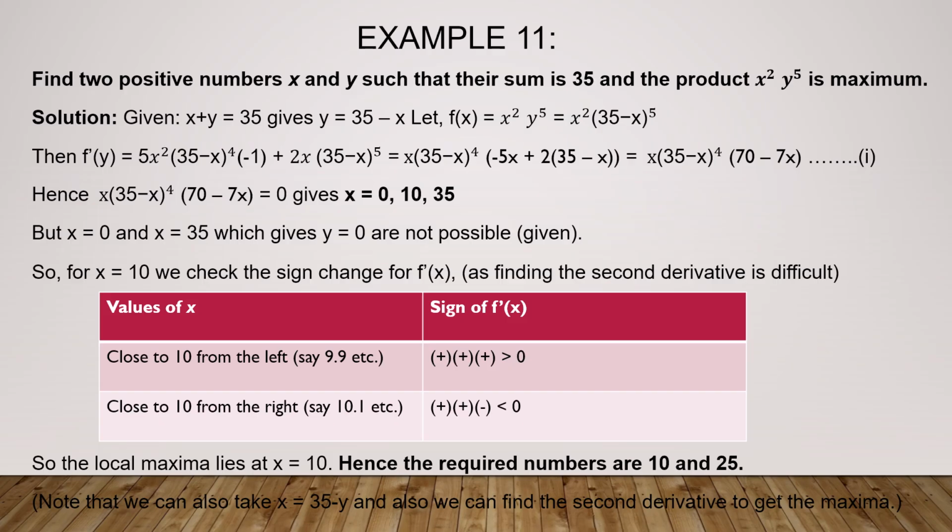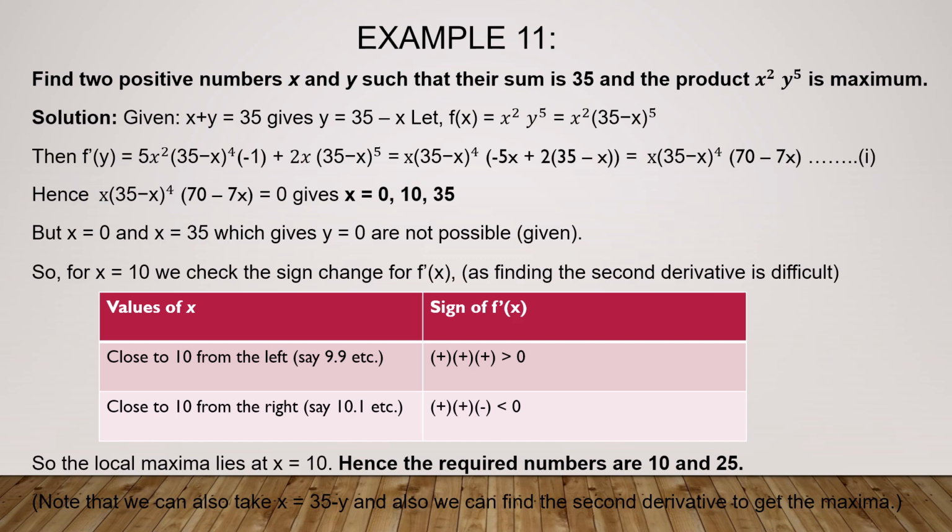Now suppose your value of x is close to 10 from the right, a little bit more than 10, 10.1 say. So 35 minus 10.1 raised to 4 is positive. But when I put 10.1 in 70 minus 7x, it will be less than 0. So the sign of f dash of x will be less than 0.